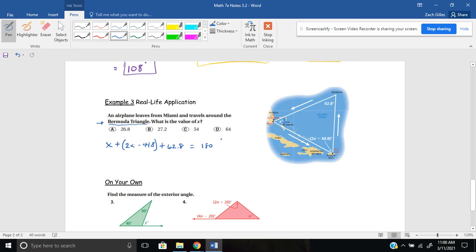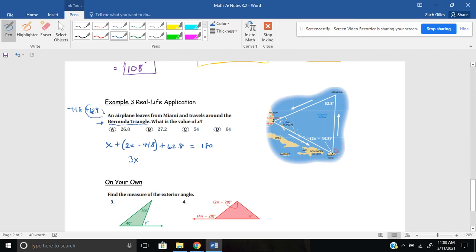Okay, now I will add my like terms on the left-hand side. So x plus 2x would give me 3x. And then I have negative 44.8 plus 62.8.